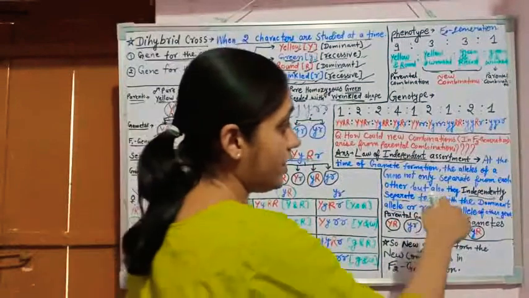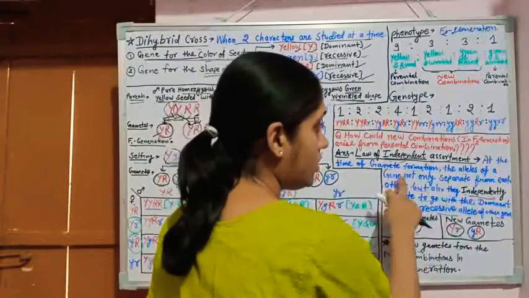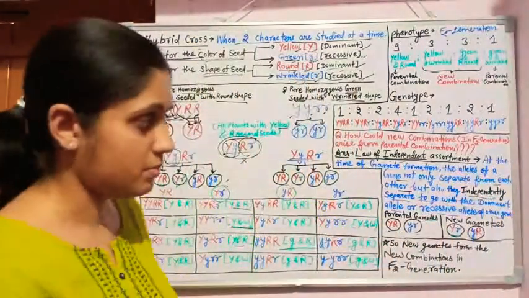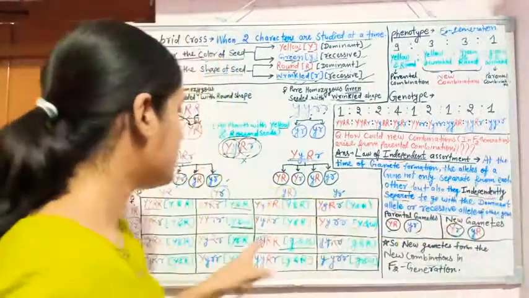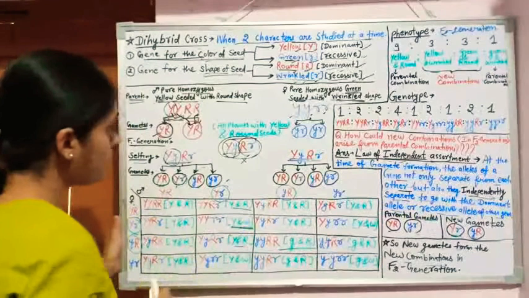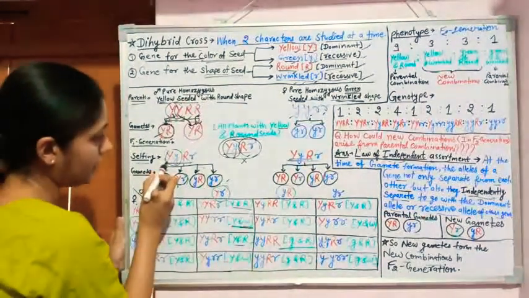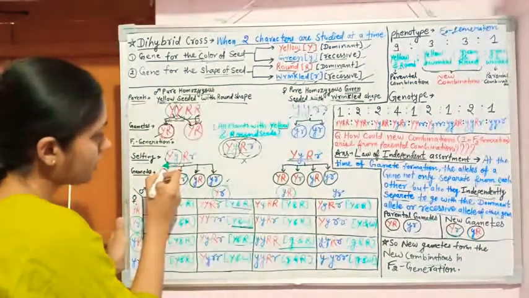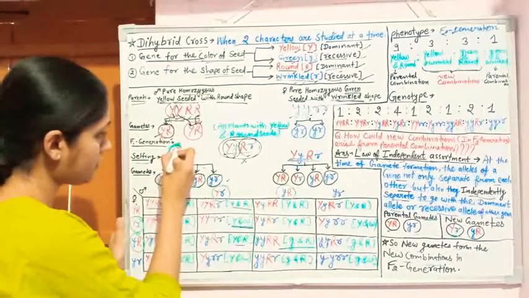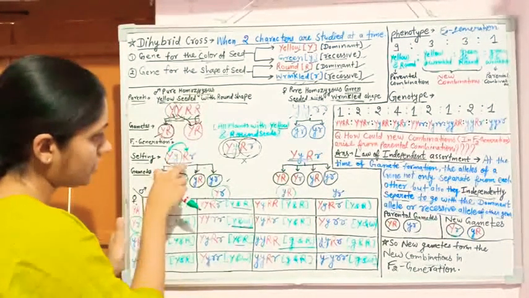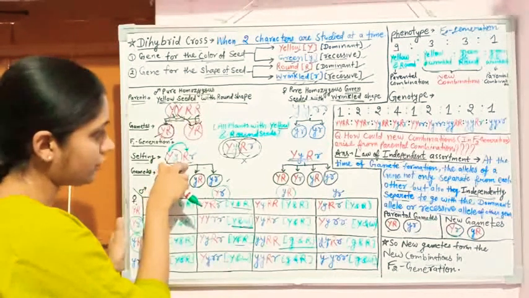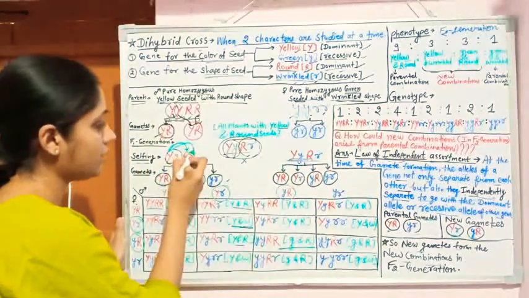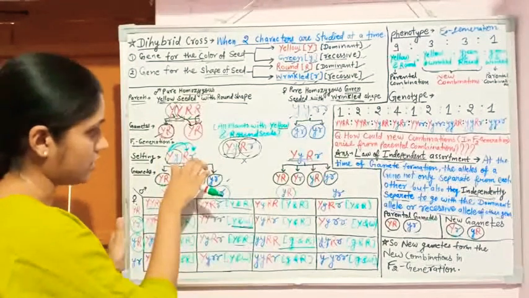But the law of independent assortment says both the alleles of a gene not only separate from each other, but also they independently separate. Independently means what? We can understand by this. Independently means this capital Y, the yellow color seed allele, can form the gamete with this dominant allele of the other gene, that is the round seed, or it can also form the gamete with the recessive allele of the other gene.